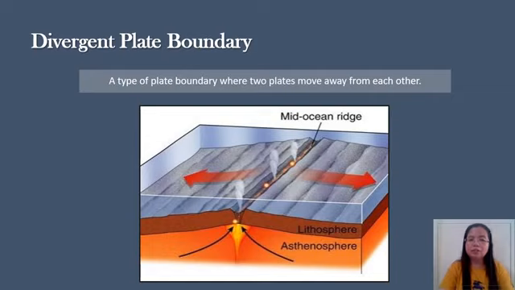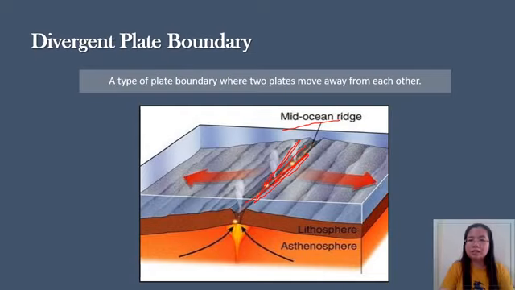So in this illustration, we have an oceanic crust diverging and forming this center here, and this type of formation is called a mid-ocean ridge. An example of a mid-ocean ridge is the Mid-Atlantic Ridge.